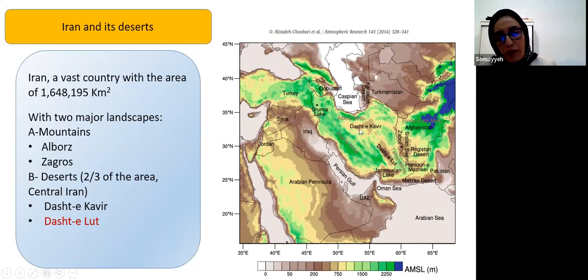And the middle part of Iran, it can be said 2/3 of Iran, is semi-arid to arid area and desert environment: Dasht Kavir and Dasht Lut. Dasht in Persian means desert.